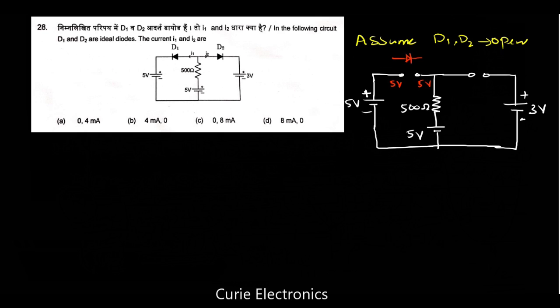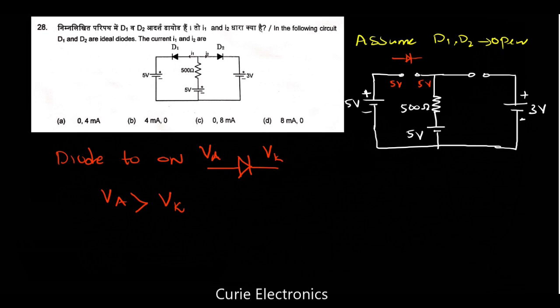So for a diode to be on, if this is VA and this is VK, the anode voltage should be greater than the cathode voltage, then only it will turn on. If you apply the same voltage, it is off.